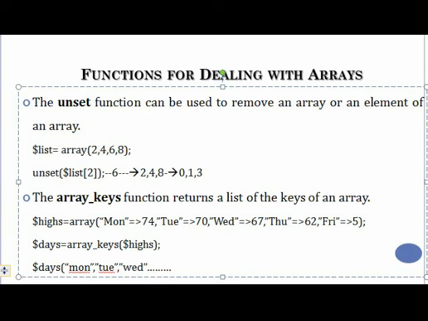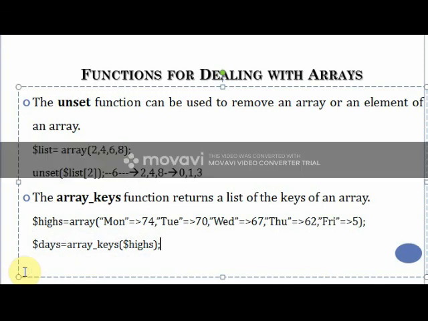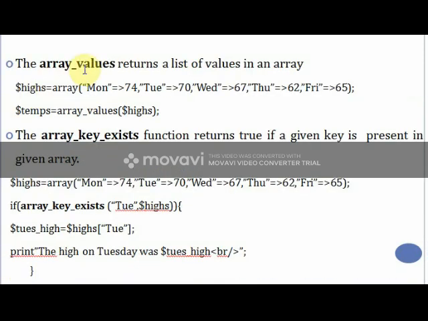This is the data that will be present in your variable days. I hope you have understood. So array keys returns the array of keys of the given array.